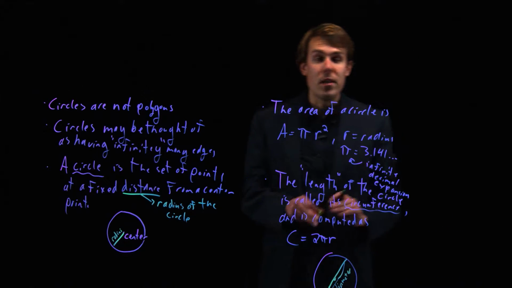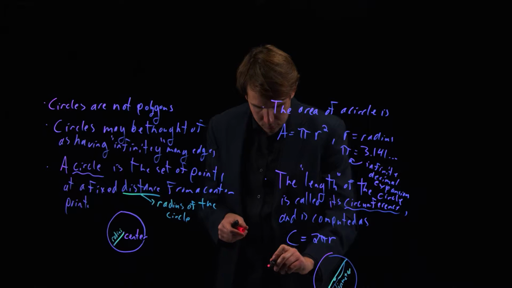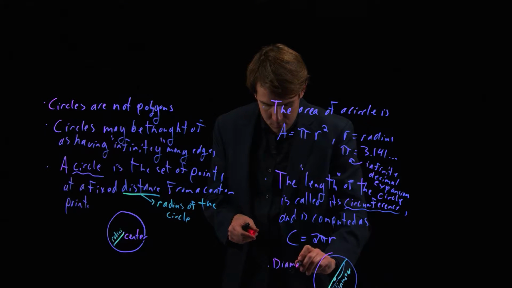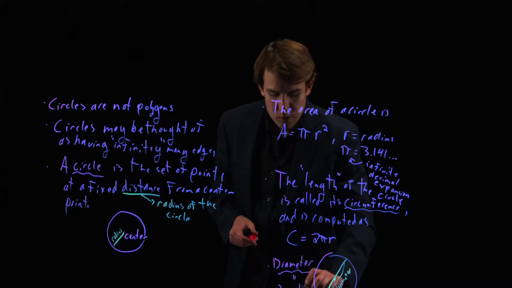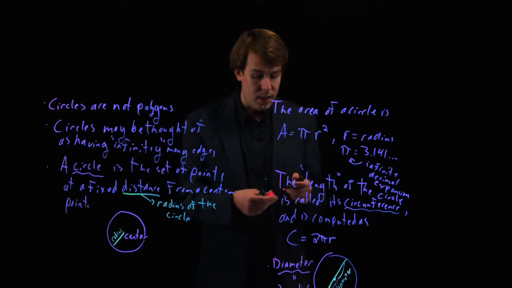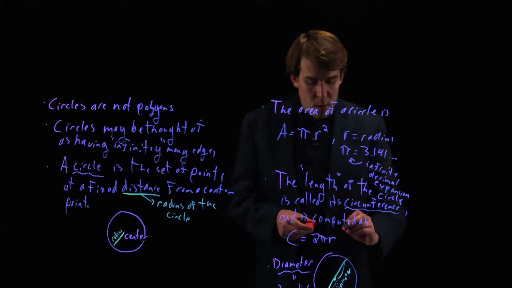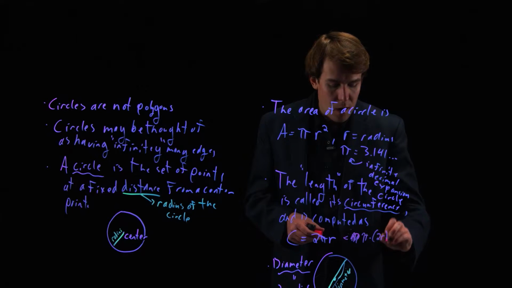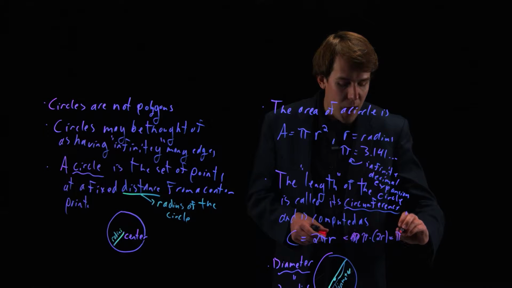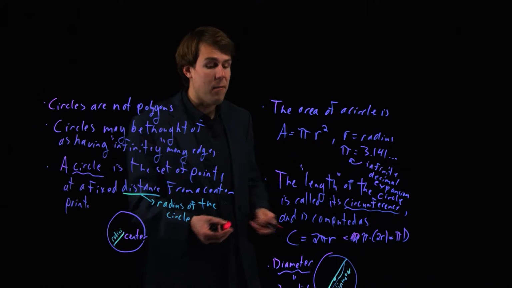So notice that the diameter is twice the radius. So it's good to be able to convert between diameters and radius by multiplying or dividing by 2 respectively. With this formula, we can also say that the circumference is equal to, by writing this as pi times 2r, pi times the diameter d. Both are useful depending on whether you have diameter or you have radius.